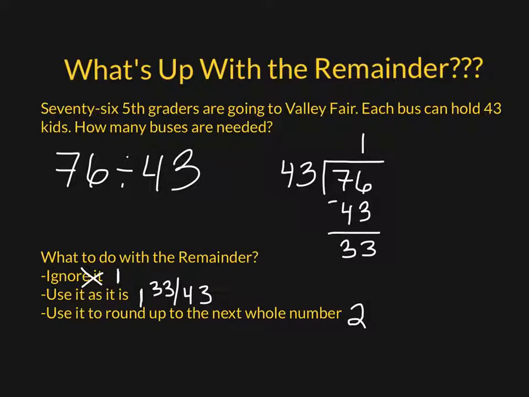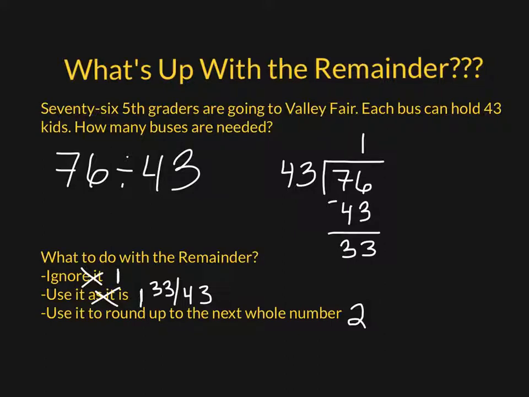Let's look at the next one. Could I use the remainder as it is? 33/43rds? Last time I checked, we can't divide buses up into parts. You either have 1 bus, 2 buses, 3 buses, or no buses. There are no partial buses. So using this is not going to work.